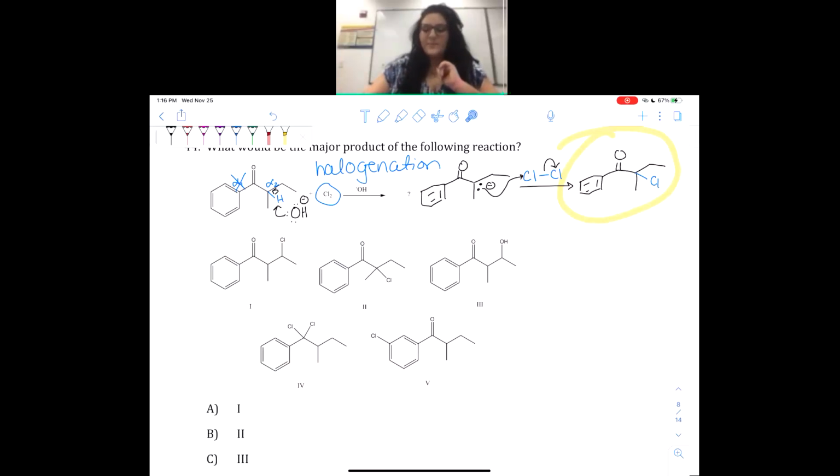So basically, we know that we can repeat the reaction in order to fully substitute the most stable alpha carbon. But in this case, it is already fully substituted because we only had one hydrogen present. So when we do the reaction one time, it becomes fully substituted. We have no more hydrogens to steal.